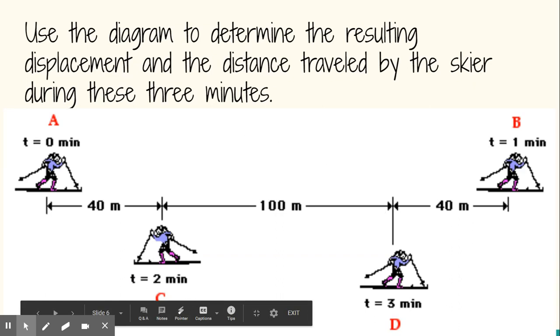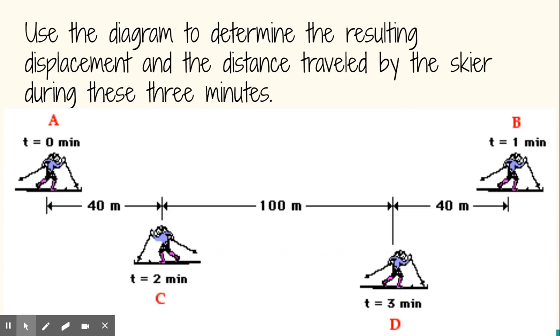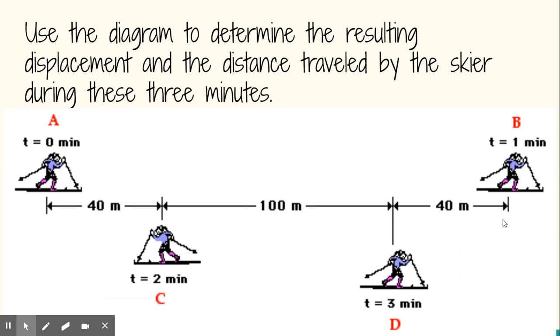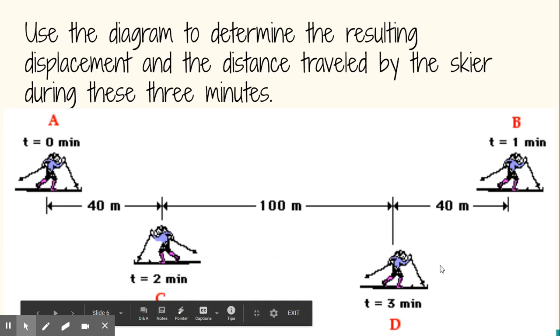For this skier, between A and B, during that first minute, he went a long distance, 40 meters plus 100 meters plus 40 meters. In 1 minute he had covered 140 meters. Then he turned around and he went 40 meters plus 100 meters in the opposite direction. And then he turned around again and he went 100 meters to the right again to end up at D after 3 minutes.